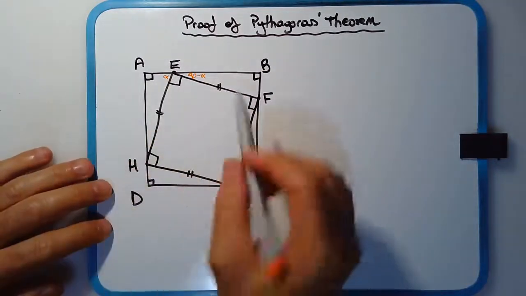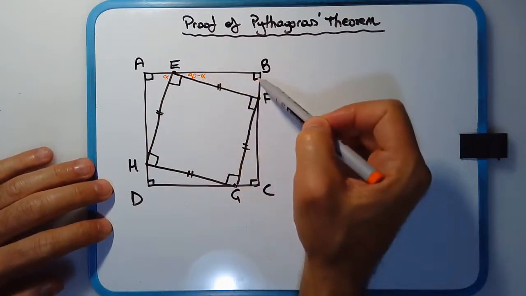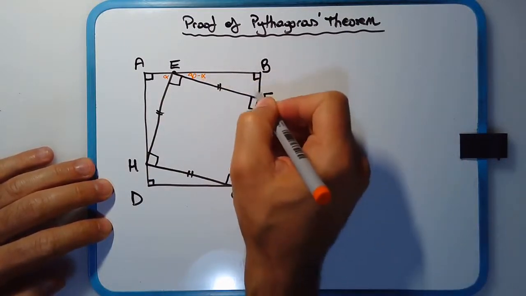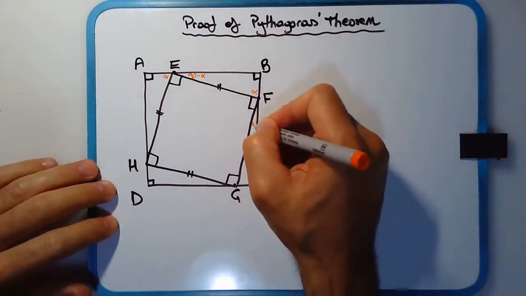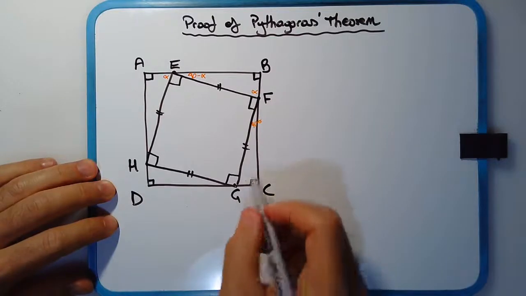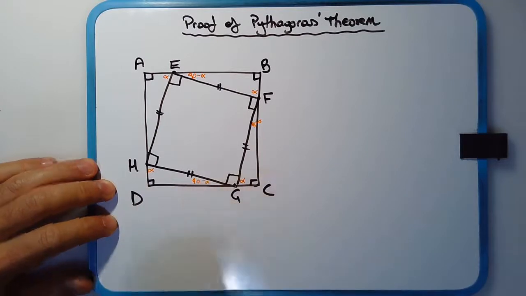Likewise, if that's 90 minus alpha, and that's 90 degrees there, this angle here would have to be alpha, and so on. So there's 90 minus alpha there, and there's alpha here, and the pattern continues, and there's alpha there as well, and there's 90 minus alpha.